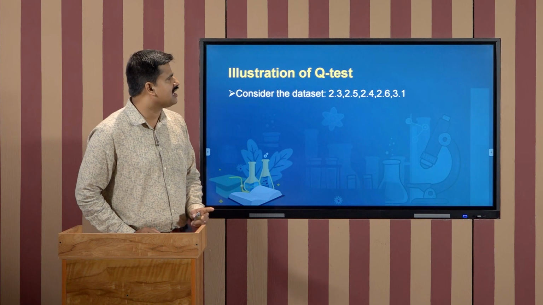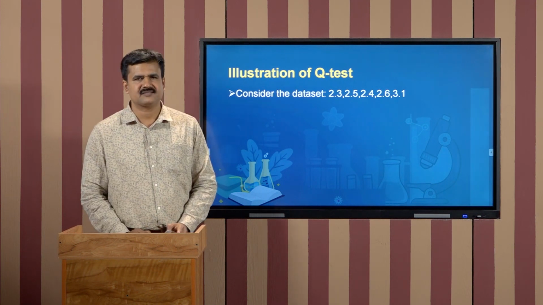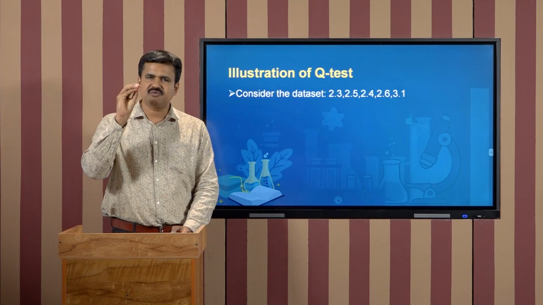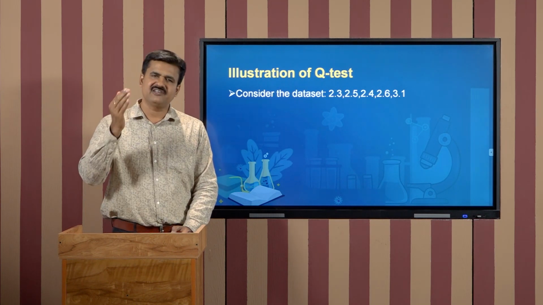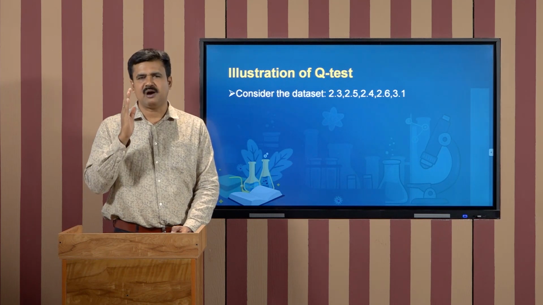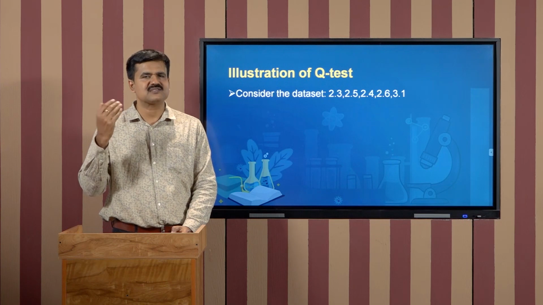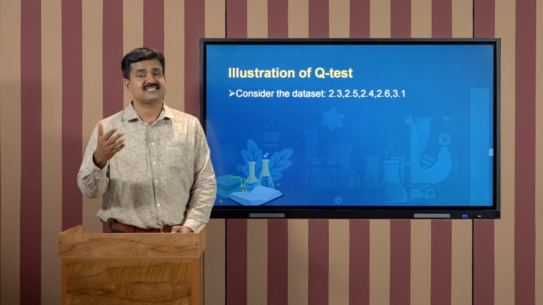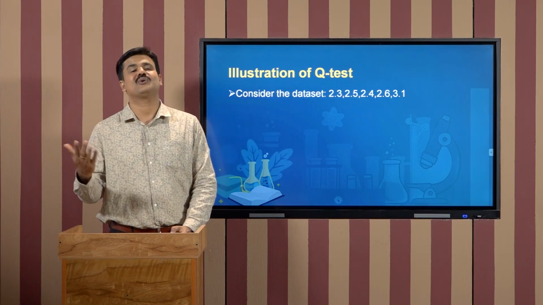So, here you have 5 values, and among these, you have to fix an outlier, arrange them in the ascending order, and by fixing that outlier as X suspect, proceed with the Q test, and finally you can take a decision whether the value you selected is a real outlier or not.